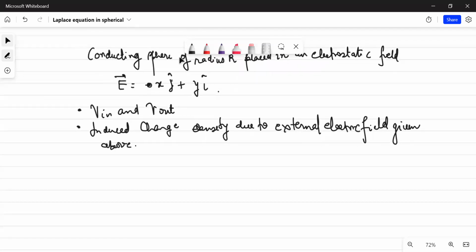So if my electric field is given by E vector is equal to x j cap plus y i cap, the first thing is that we must be in a position to find what is the potential corresponding to it.